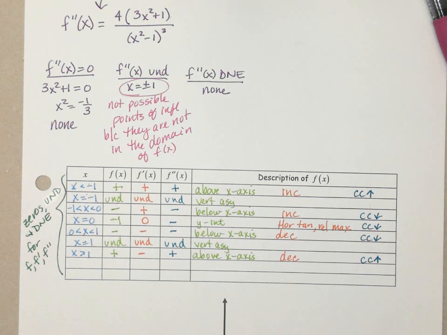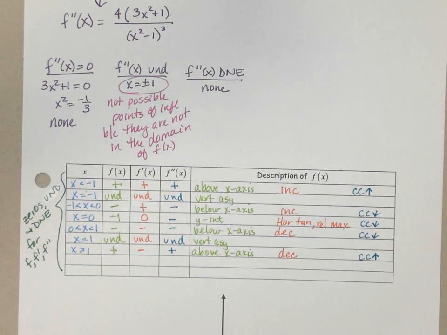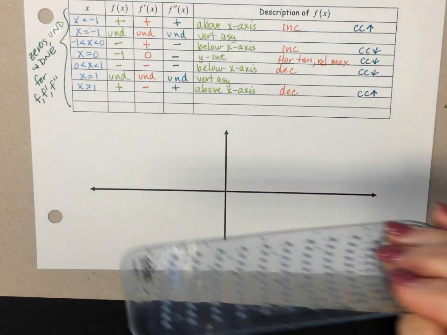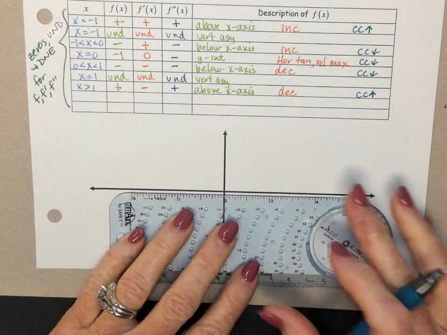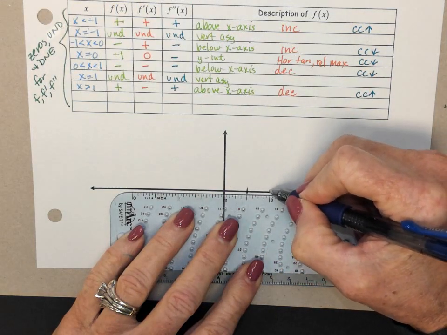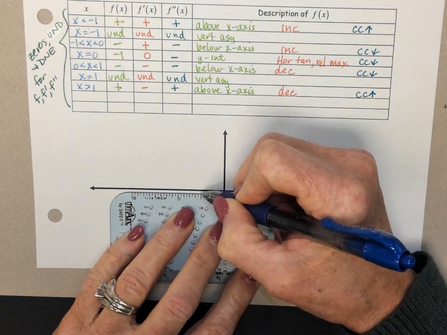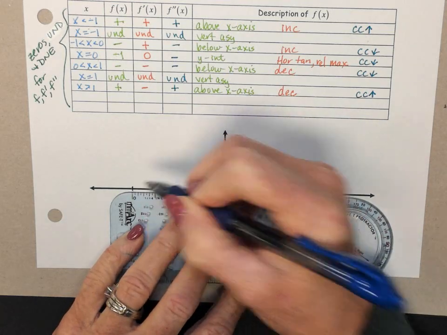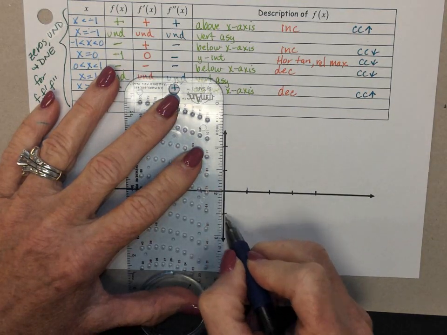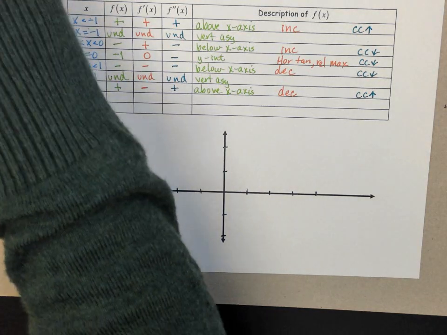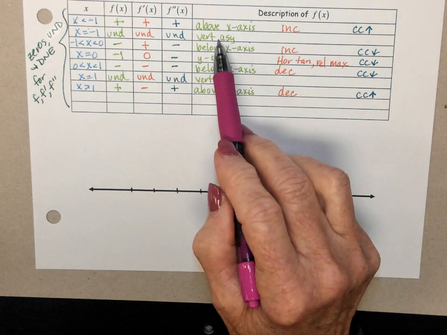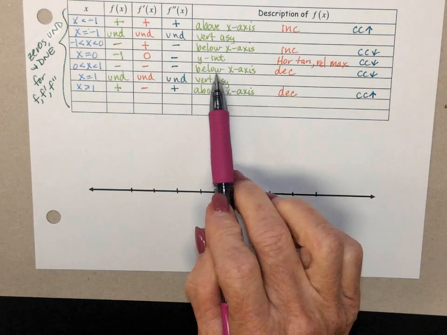Okay. Let's go ahead and sketch this graph. I am going to use a straight edge here and try and be as accurate as possible. All right, we have vertical asymptotes at x equals -1 and at x equals +1.